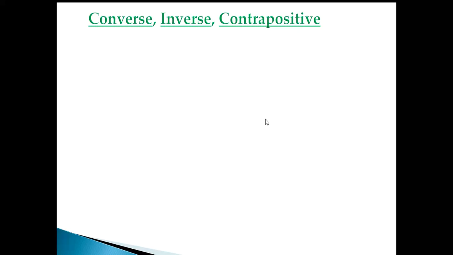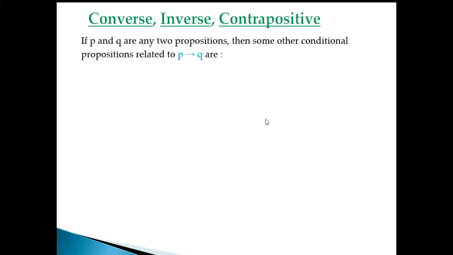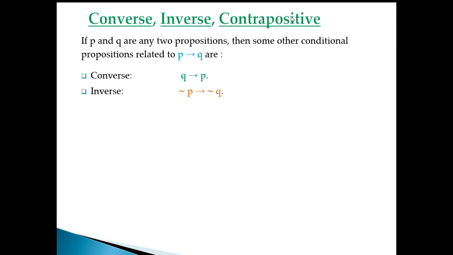In the earlier video we studied the conditional statement, that is P implies Q. These are special cases of the conditional statement P implies Q. If our statement is P implies Q, then the converse is Q implies P. The inverse is negation of P implies negation of Q. And the contrapositive is negation of Q implies negation of P. And these are only cases of the conditional statement, right?